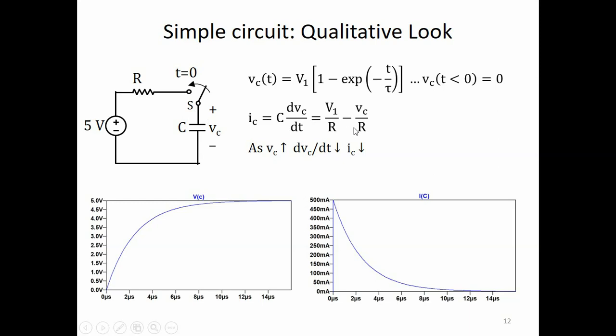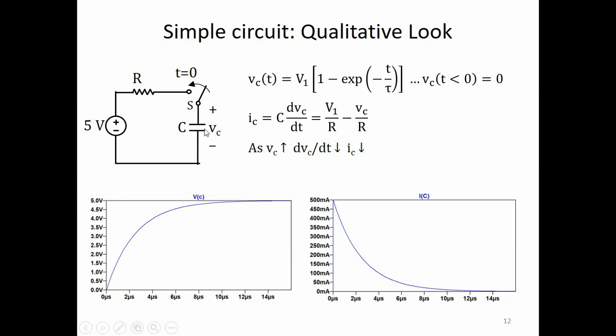Okay, so let's just look at this for a minute. Look at this equation and the circuit. What we find is that for t greater than 0, as time passes by, the capacitor voltage is increasing because current is flowing in the loop, and as current flows, the capacitor keeps getting charged more and more.